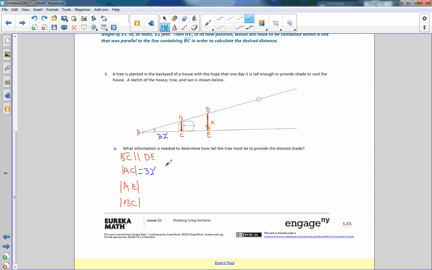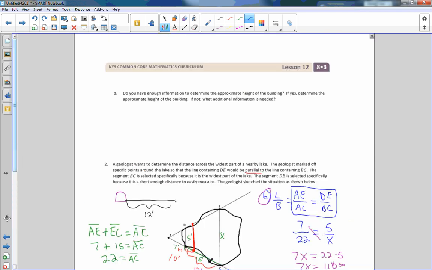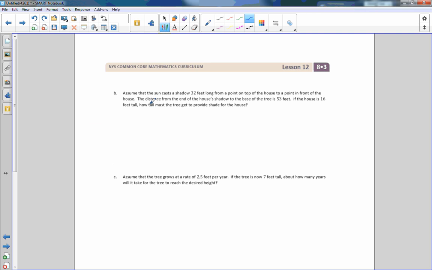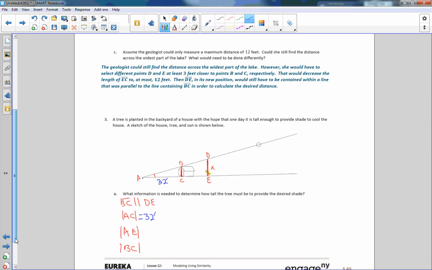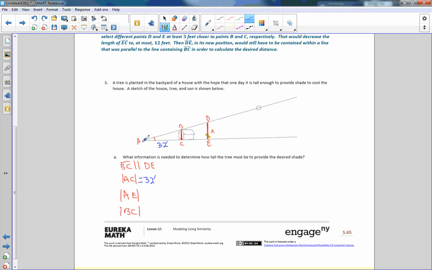So I'm going to do my work here so I don't have to keep going back and forth. The next thing says, the distance from the end of the house shadow to the base of the tree is 53 feet. So the end of the house shadow, which is A, to the tree, which is AE, equals 53 feet.